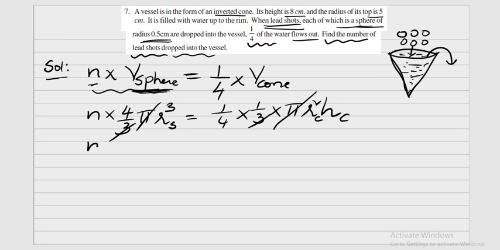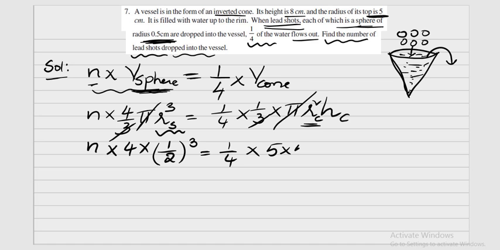Now when I substitute the values, n into 4 into, what is radius of sphere? So here radius of sphere is given as 0.5 centimeters. So 0.5 means 1/2. So this I can write as 1/2 whole cube is equal to 1/4 into, what is radius of cone? So radius of cone is given as 5 centimeters, no?